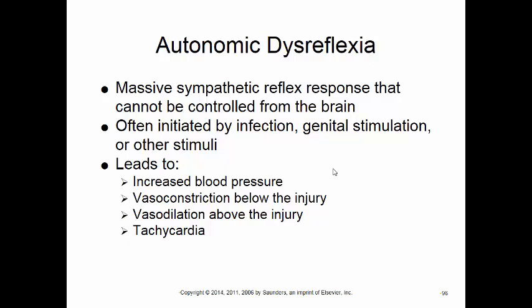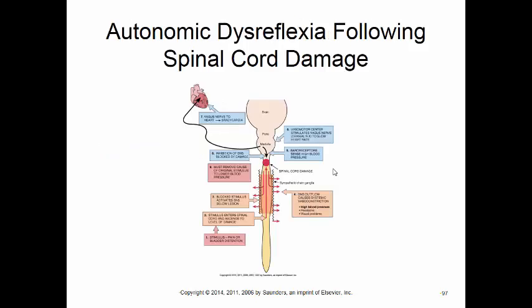When this happens, it can lead to increased blood pressure, okay, sympathetic fight or flight, vasoconstriction below the injury, vasodilation above the injury, and tachycardia. And all that is really going to cause some really funky things to happen inside the body.